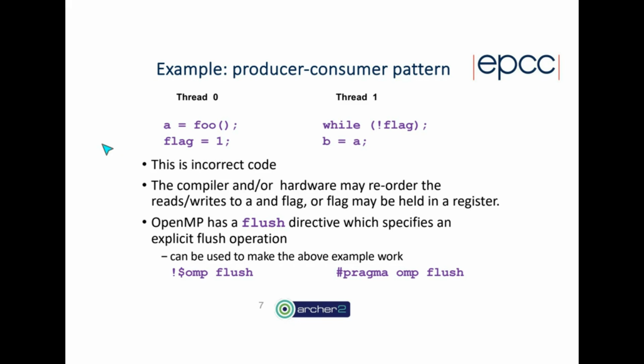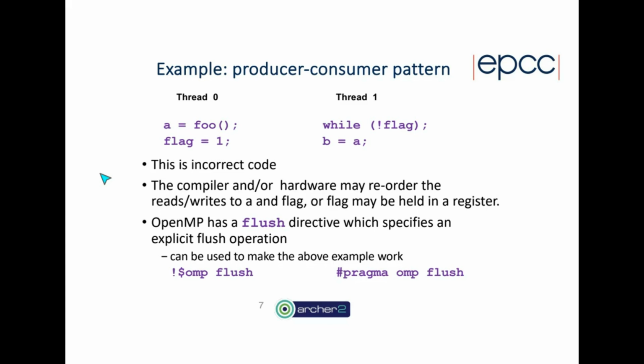Unfortunately, we can't do this, in the sense that this is incorrect code and may produce the wrong answer. What can go wrong here? Well, the compiler and the hardware may reorder the write to A and the write to flag, because from the point of view of thread 0, there's no dependency between those writes.